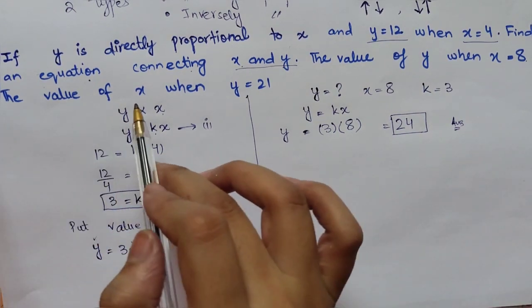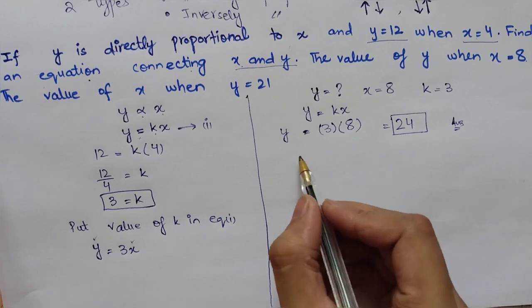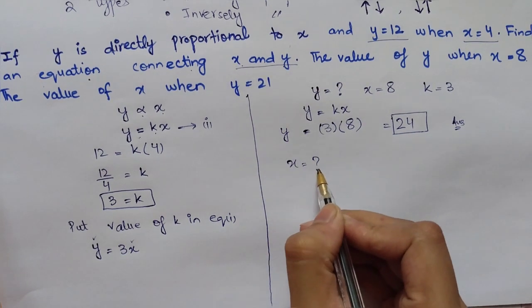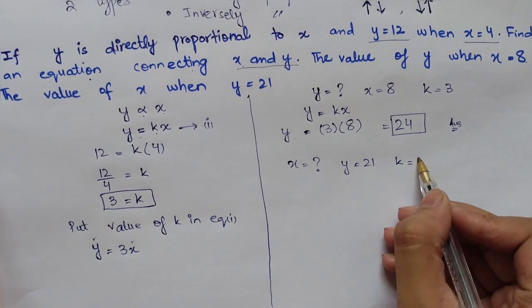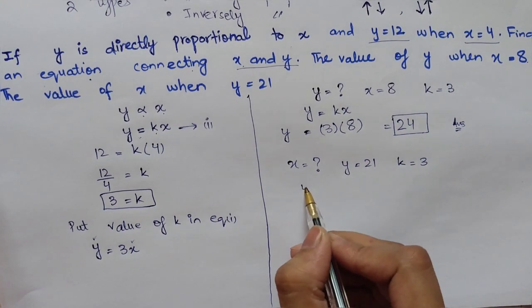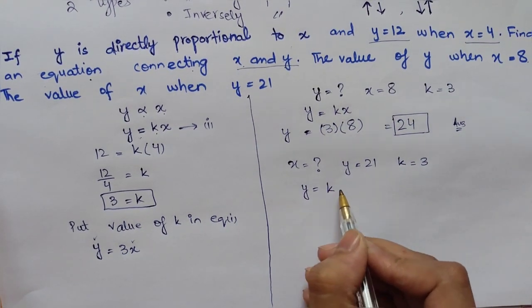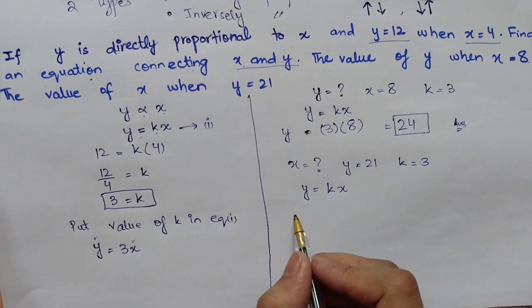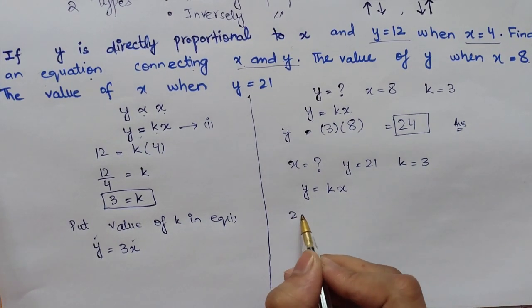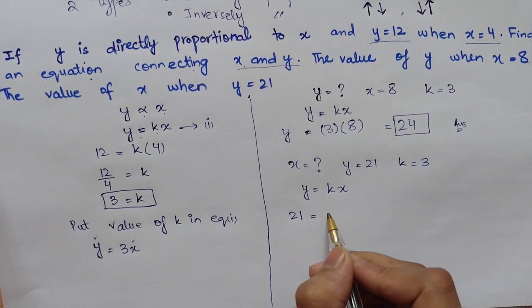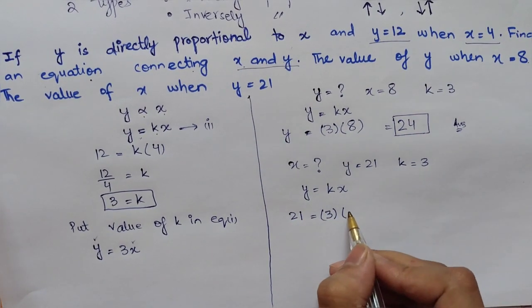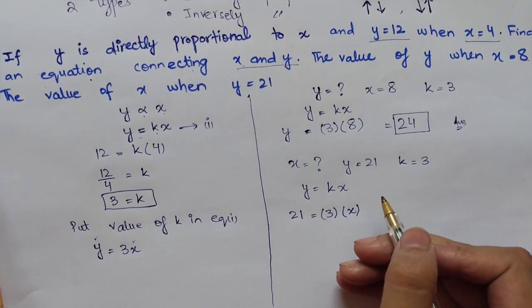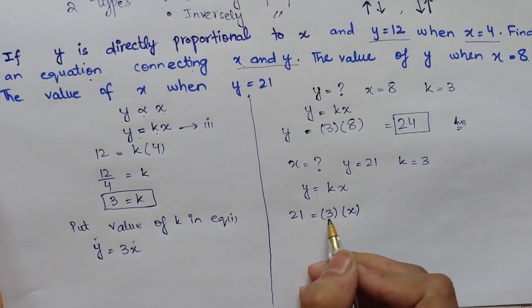Next you have to find the value of x when y is equal to 21. X is unknown, y is 21, and again you know k is equal to 3. Using the same equation, y is equal to k of x, put the values which are given. Y is equal to 21 is equal to k is equal to 3, and x is unknown, so I am writing it as it is. 3 is multiplying here.